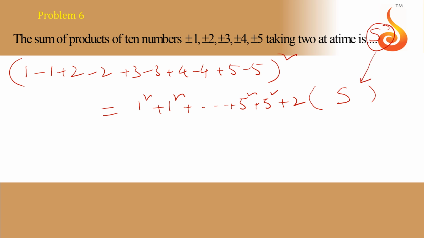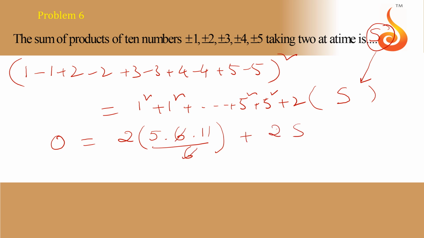Then the left side is very clearly 0, and this is 2 times (1 square plus 2 square plus so on up to 5 square), which is nothing but 5 into 6 into 11 by 6, plus 2s. So the 6 gets cancelled and s will be equal to minus 55.